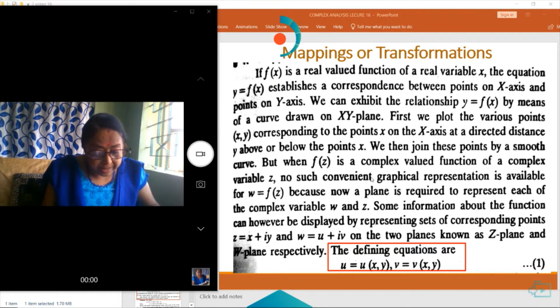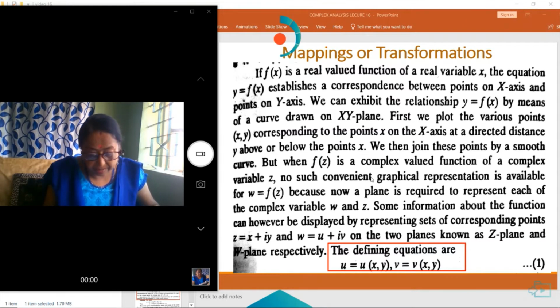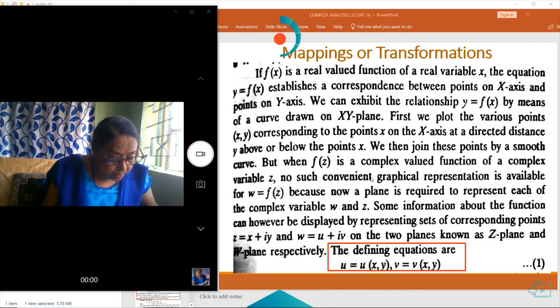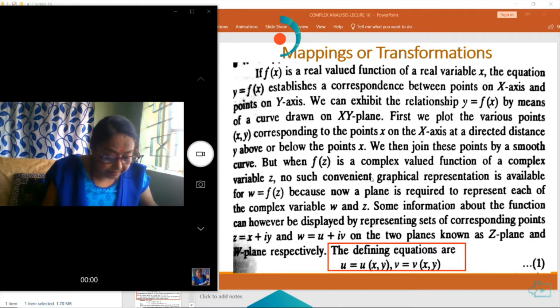But when f(z) is a complex valued function of a complex variable z, no such convenient graphical representation is available for w equal to f(z), because now we require a plane to represent each of the complex variables w and z.